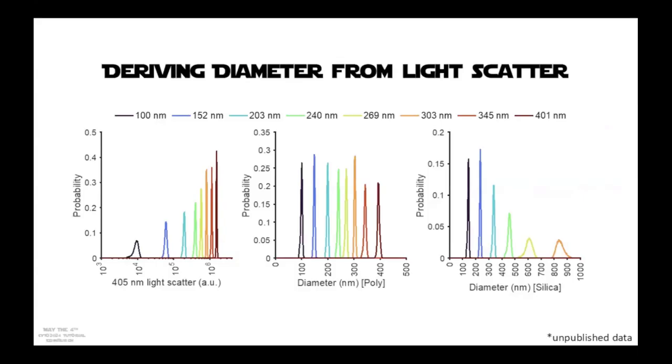Here in these slides, what you're seeing is how the polystyrene beads appear when collected on side scatter, and once they are calibrated, how they look in terms of diameter. We are also comparing the differences of materials, so silica beads versus polystyrene beads. As you can see, these beads don't really reflect the size of your EV samples.